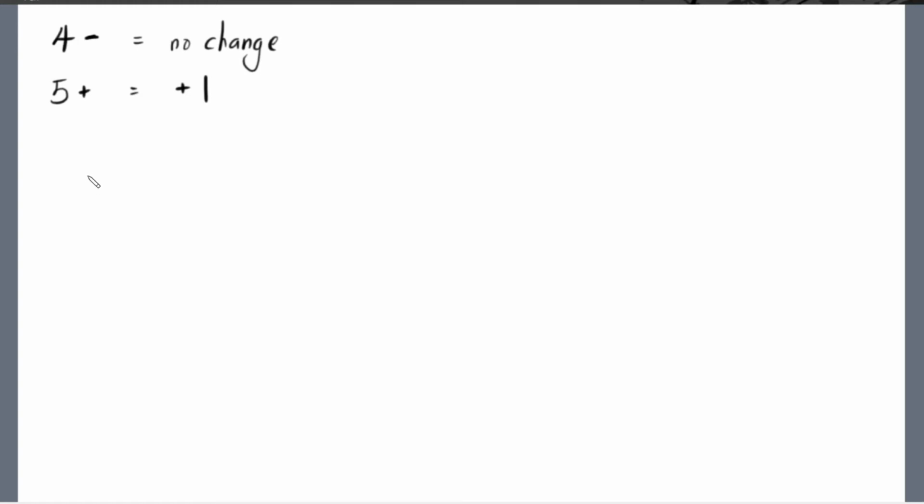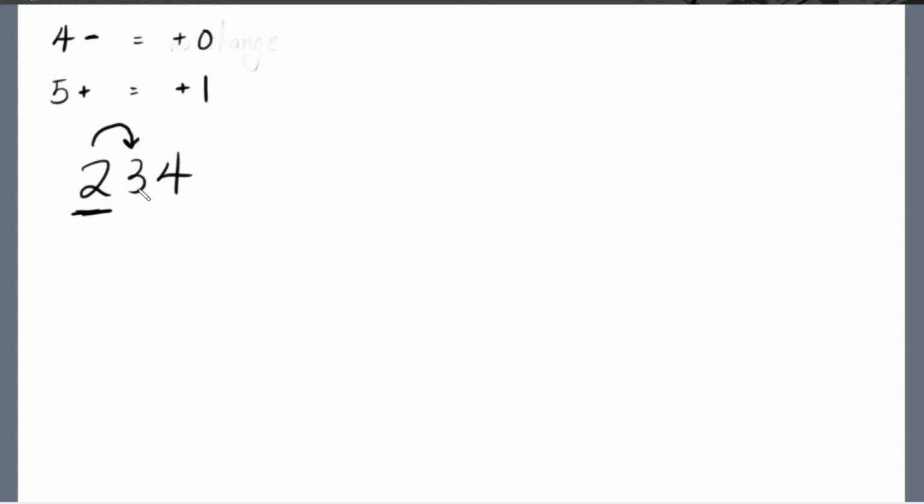Let's say we have the number 234, and we want to round this again to the nearest hundreds. You're still going to look at the neighbor, and you're going to determine which rule are we going to follow. Actually, let me make an adjustment real quick. We're not going to call it no change. We're actually just going to write plus 0, just so it's consistent. We're still going to look at the neighbor and determine, is this 4 and below, or is it 5 and up?